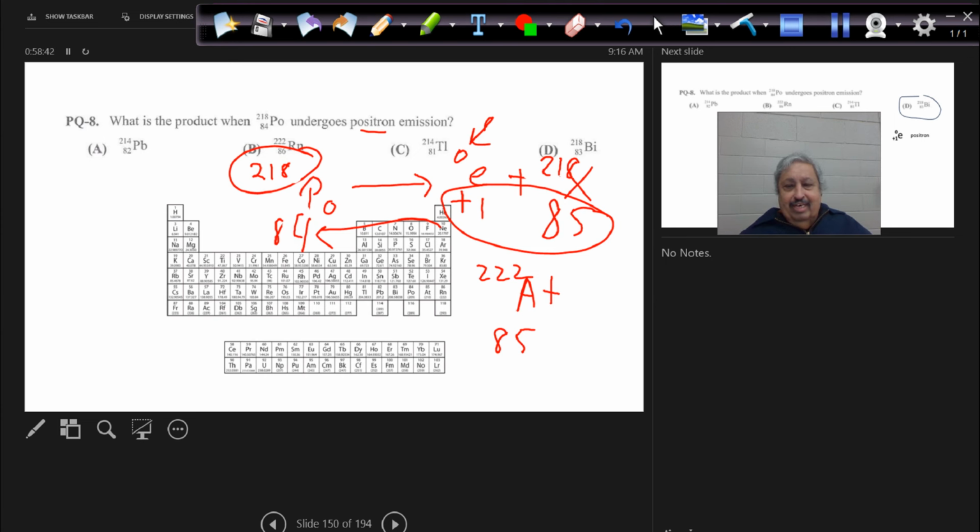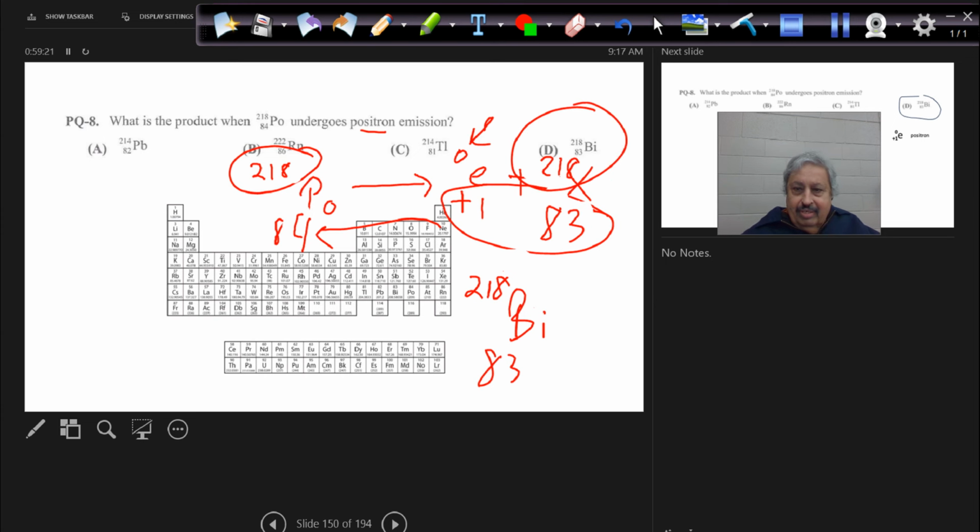So this one will be, guys, how much is it? 83. 83 is bismuth. Bi, 218 and 83. Correct? So we have the answer already, and the answer is D.